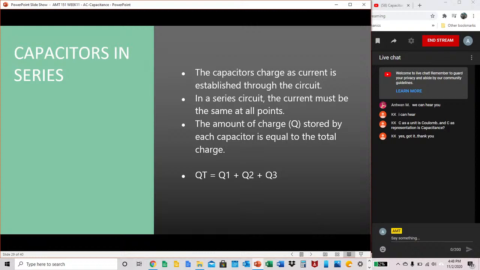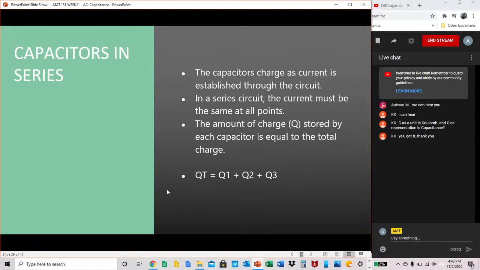Capacitors charge as current is established through the circuit. In a series circuit, the current must be the same at all points. The amount of charge, remember we said is represented by capital Q, stored by each capacitor is equal to the total charge. And that's your equation here for your charge when talking about capacitance in series.